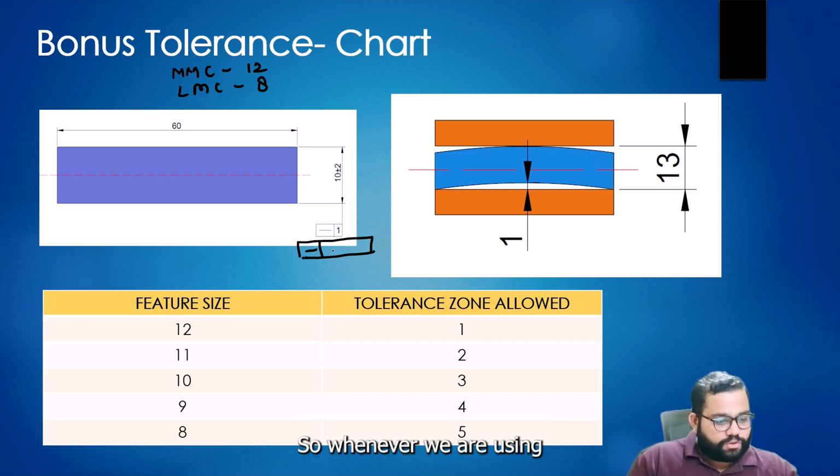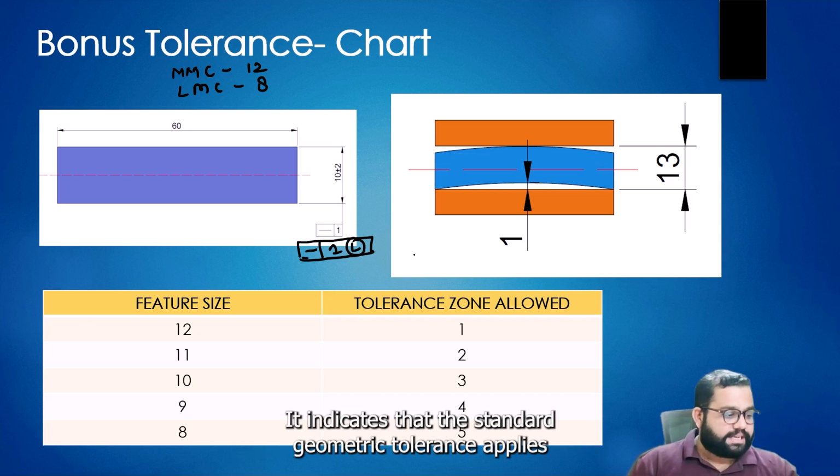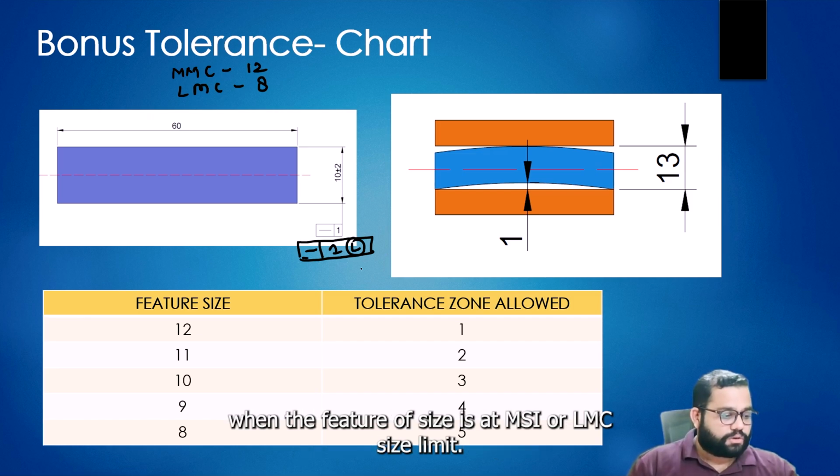So whenever we are using the maximum material condition or least material condition modifier, it indicates that the stated geometric tolerance applies when the feature of size is at the MMC or LMC size limit.